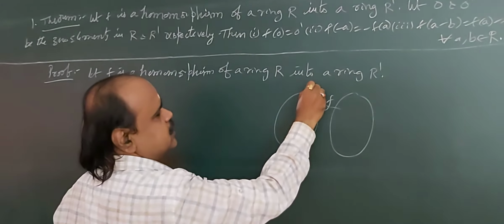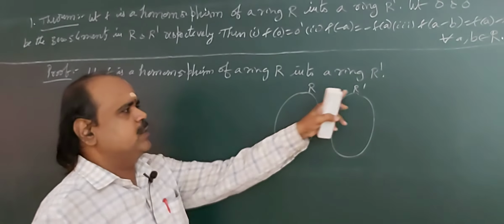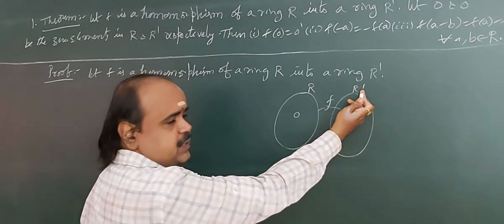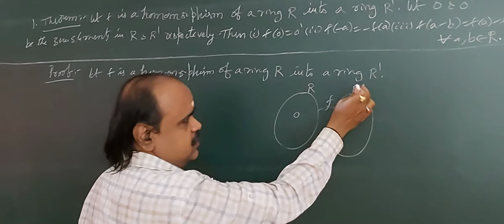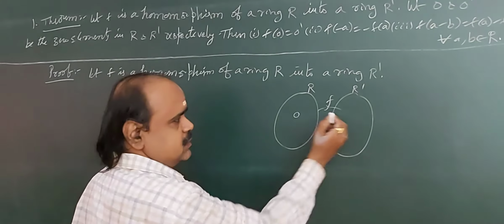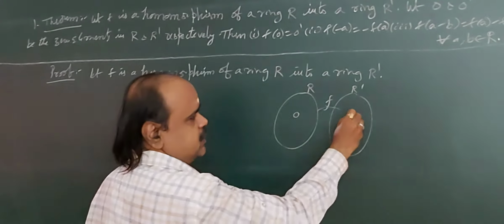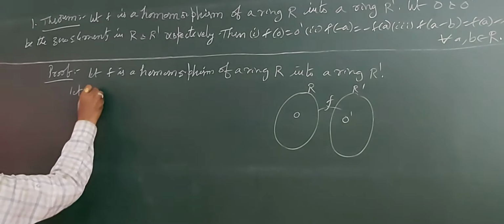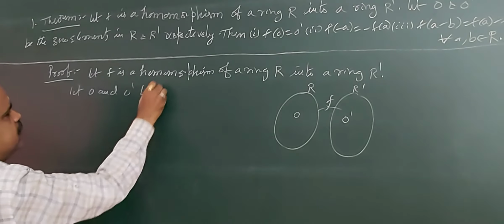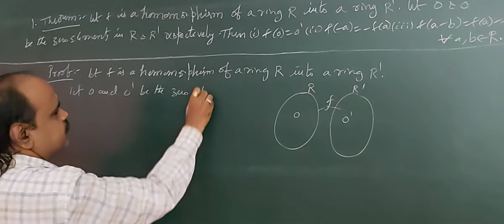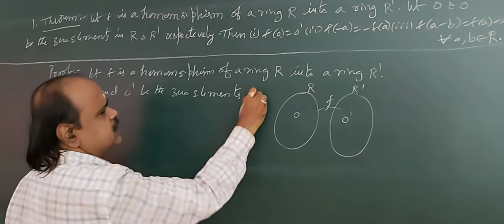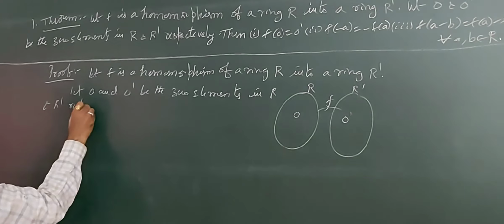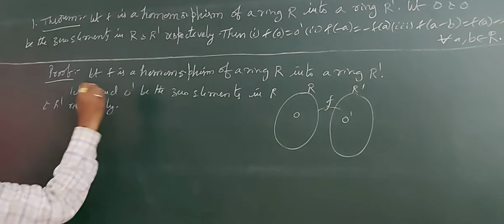Given small f is a homomorphism from a ring capital R into a ring R dash, since R is a ring, a zero element must be there. Since R dash is a ring, that means another set, this ring also has a zero element. Let it be 0 dash.